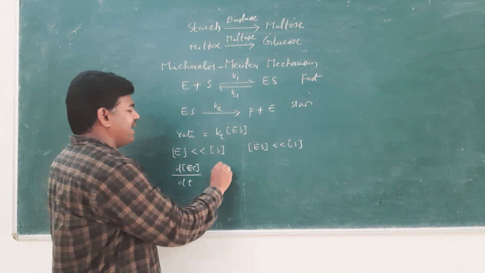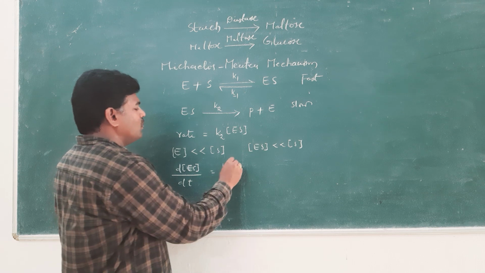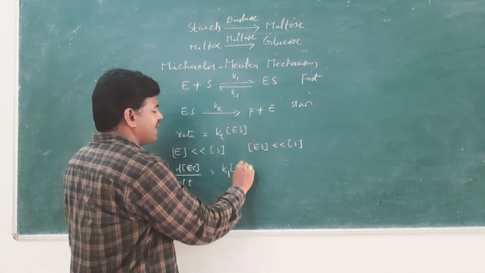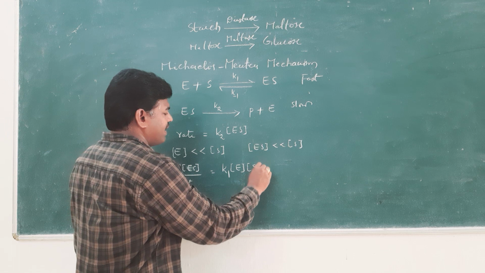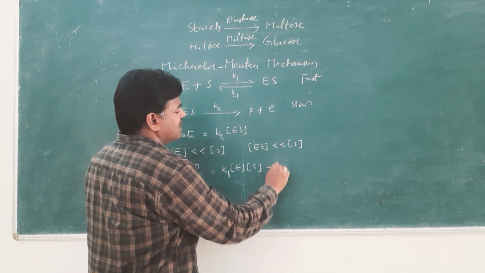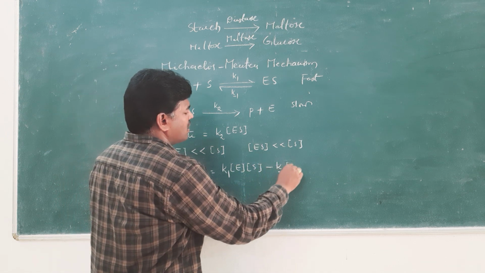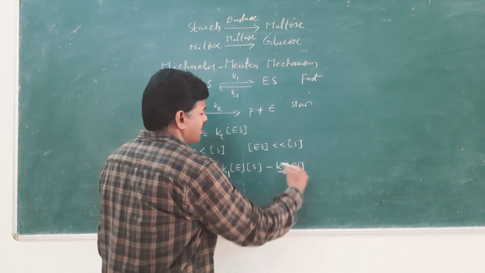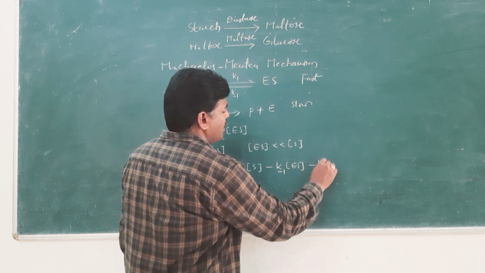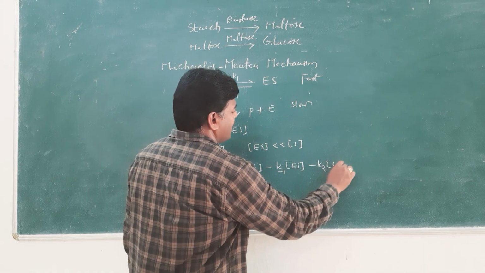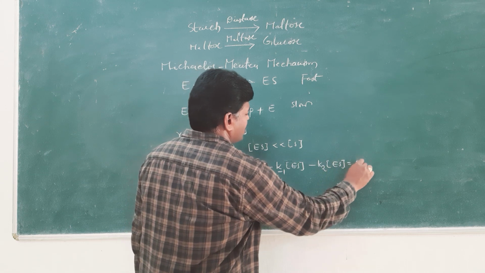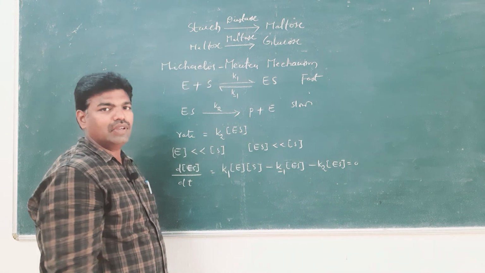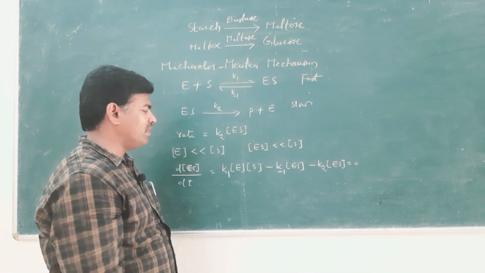So, we can write K1 into concentration of E into concentration of S minus K inverse into concentration of ES minus K2 into concentration of ES is equal to 0, right.